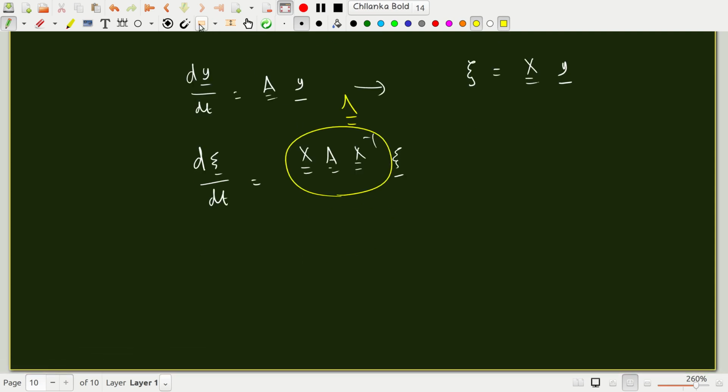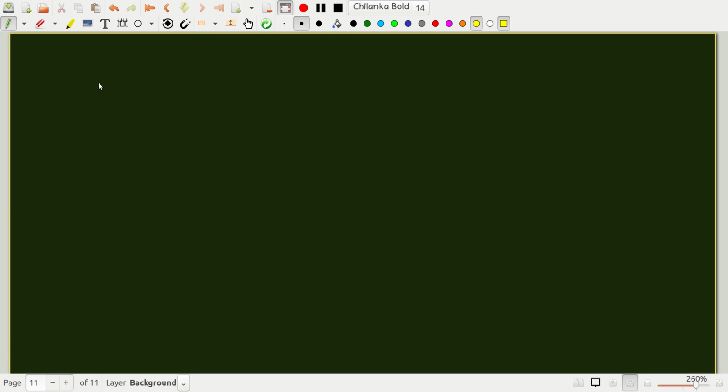Now finally, unitary and orthogonal matrices. All perfect matrices are diagonalized by a similarity transform.